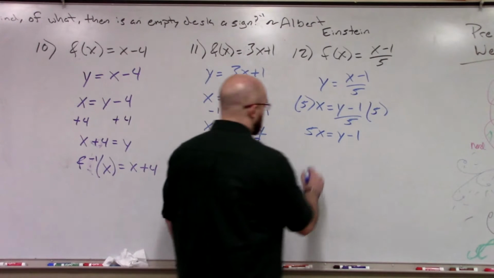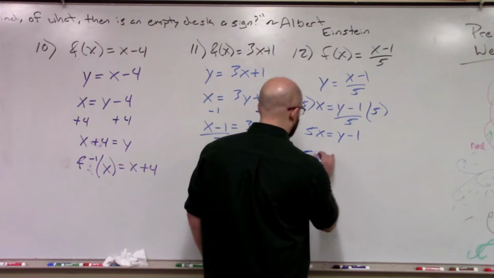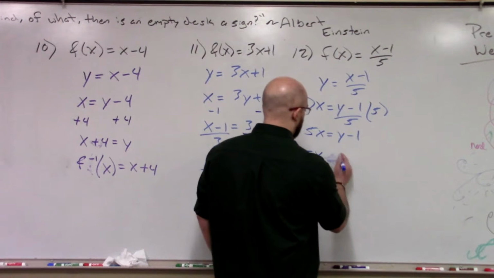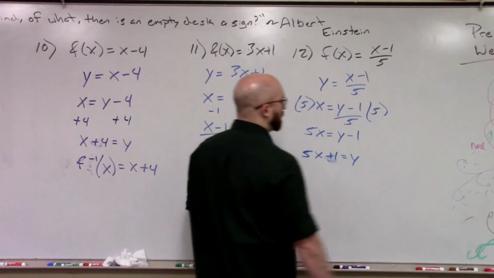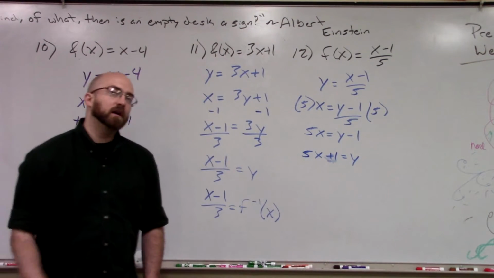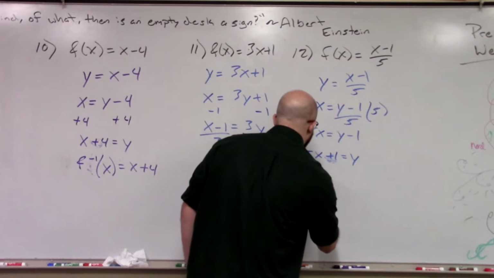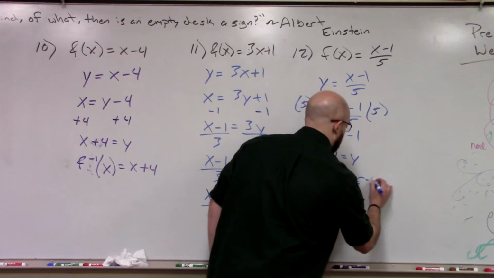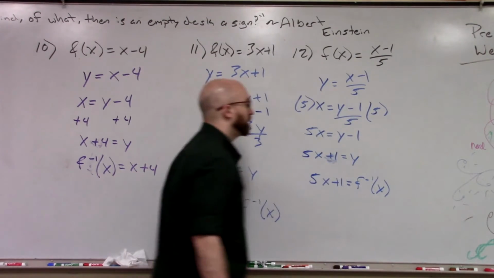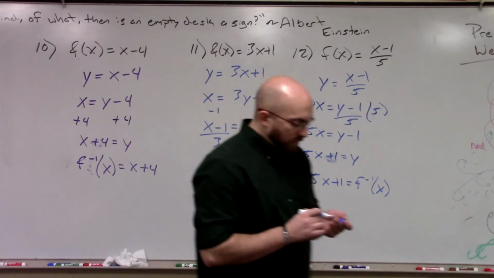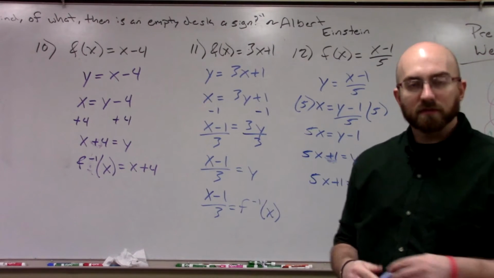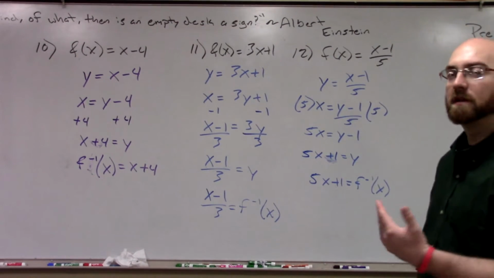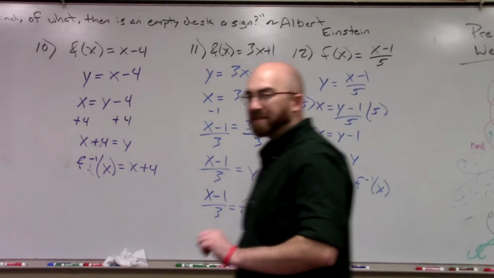Add the 1 over. Get 5x plus 1 equals y, and finally switch it out. And there we go. So those are some basic examples, and for the most part, if you do this with all the problems, you should be good to go.